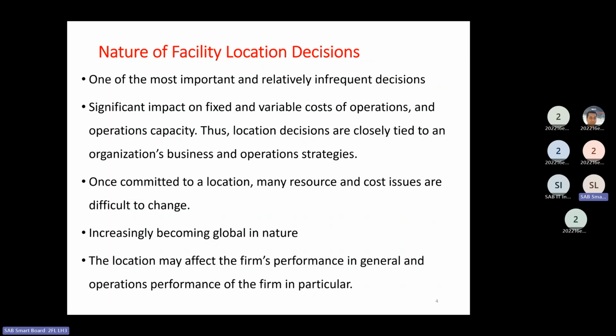Significant effect on fixed and variable cost of operation and also of the operations capacity. Thus, location decisions are closely tied to an organization's business strategy and also to the operations. That is why it is important to make the right decisions, considering all the relevant factors.